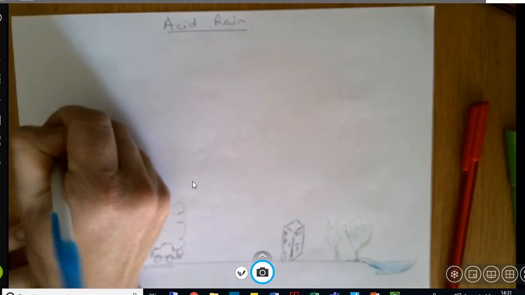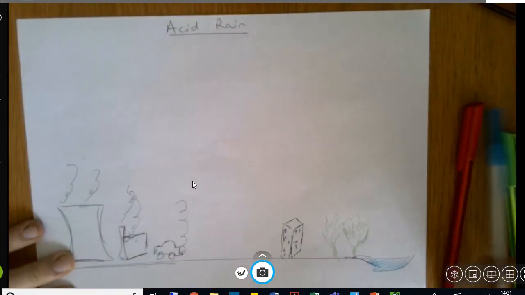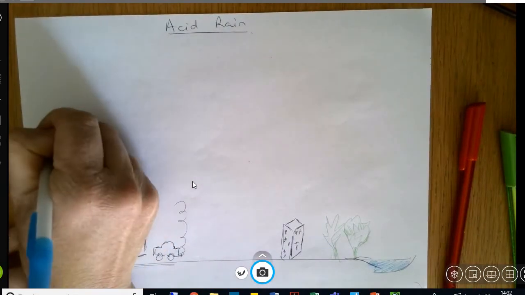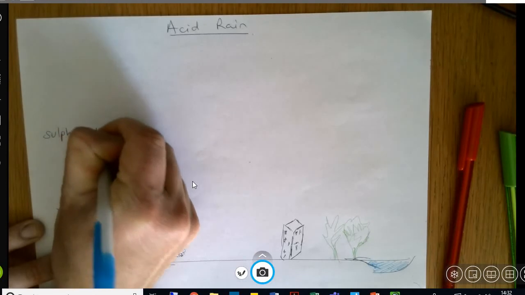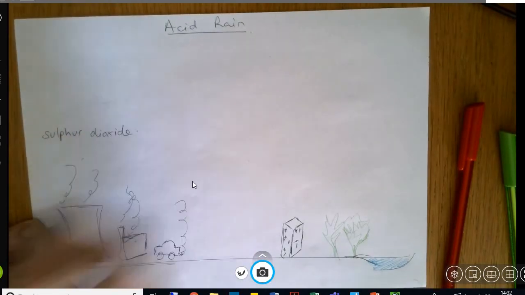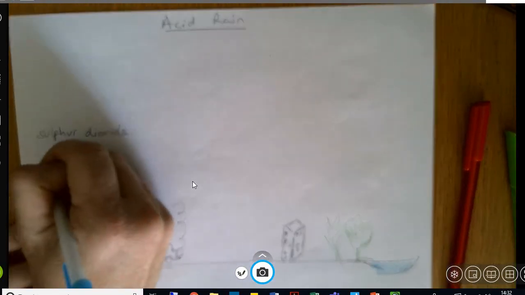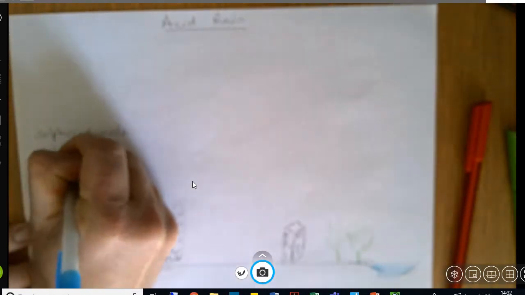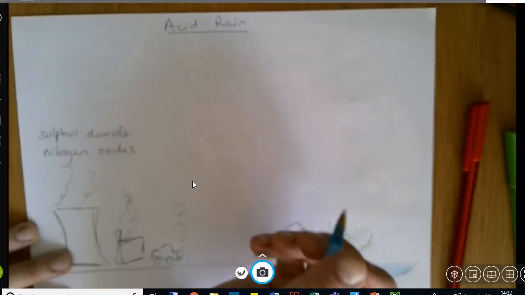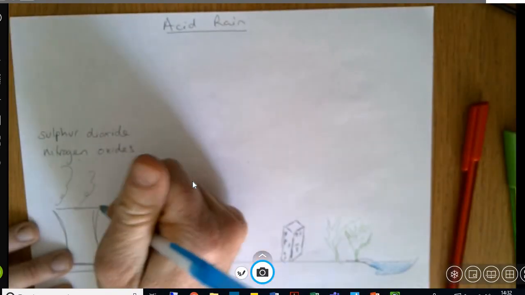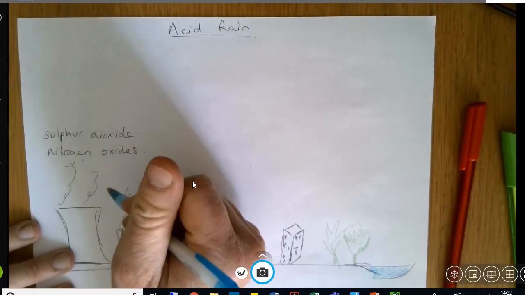Of particular importance here are ones that you may remember hearing about already. Sulfur dioxide is one of the most critical, and then nitrogen oxides. Those two chemicals are released into the atmosphere.